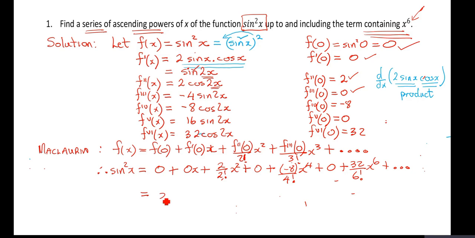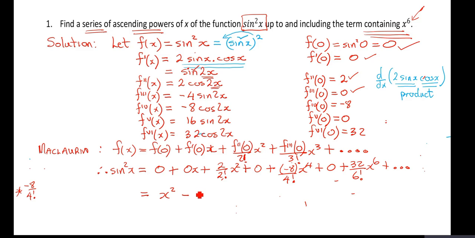What am I left with? x squared minus, and we're going to work this out, minus 8 over 4 factorial. You have a calculator, you can work that out.